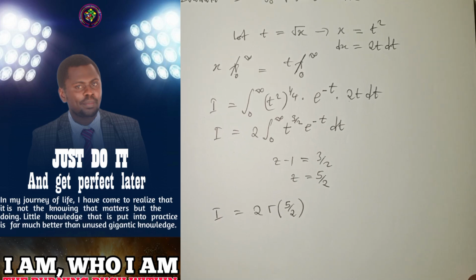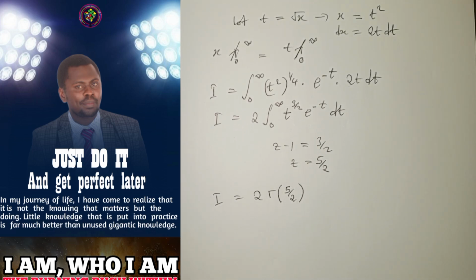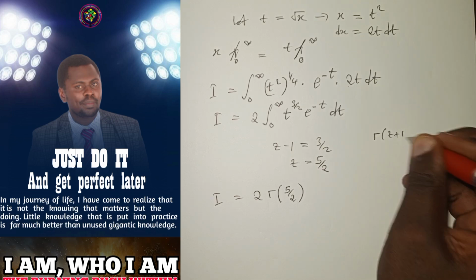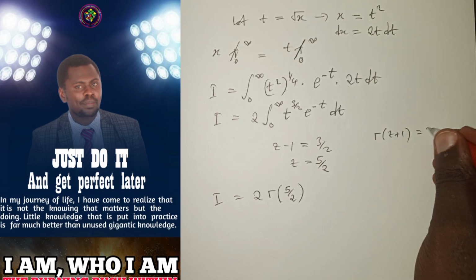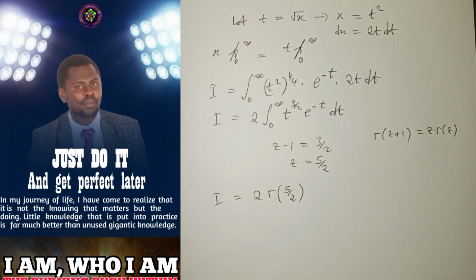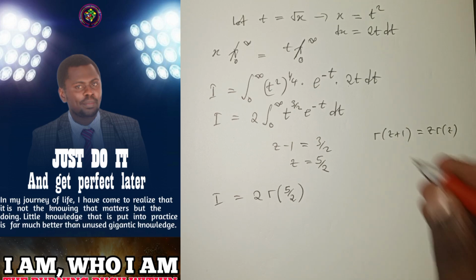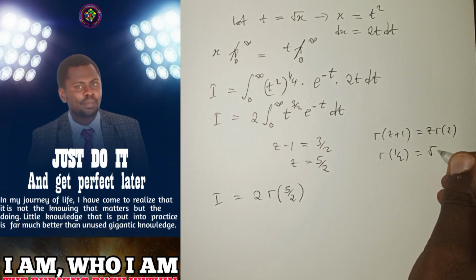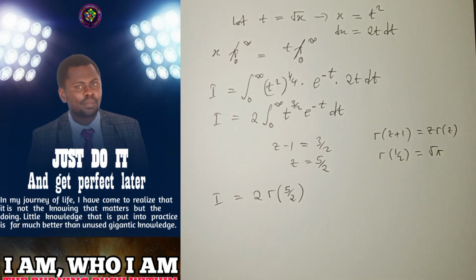Okay, that is our answer, but we need to simplify it further. I'm sure you remember the first property where we said gamma of z plus 1 is equal to z gamma of z. And also we know that gamma of 1 over 2 is equal to square root of pi.